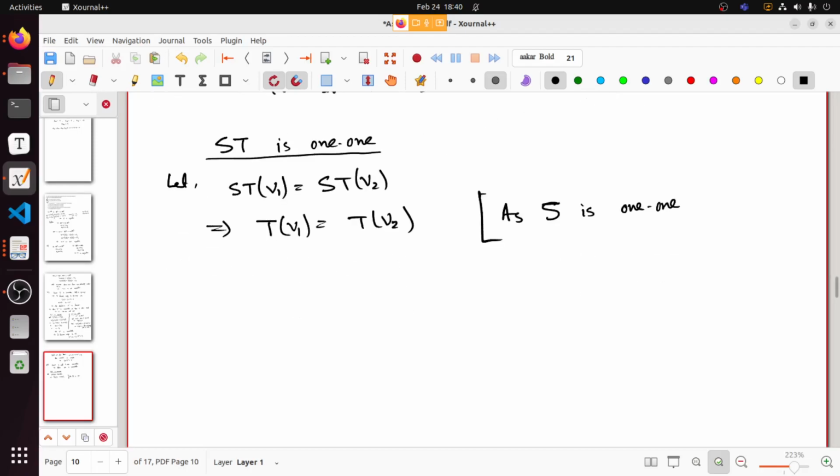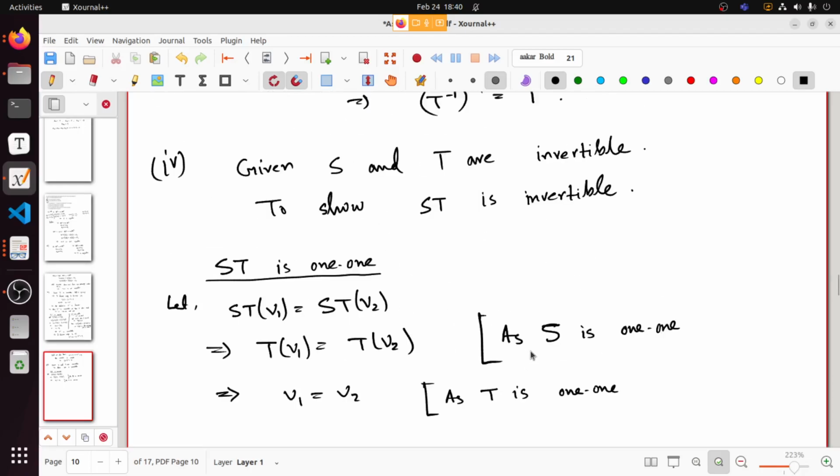Now again you know that T is invertible, so T is also 1-1, which implies B1 equals B2. So you have got B1 equals B2, which is the same as saying ST is 1-1. So this is done.